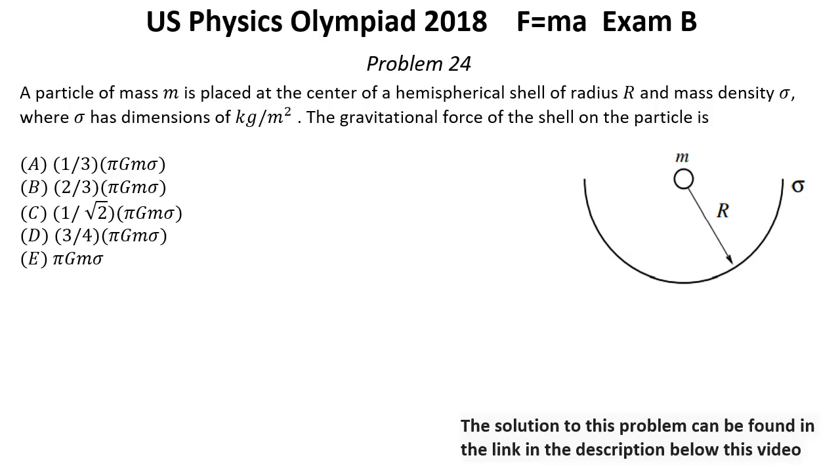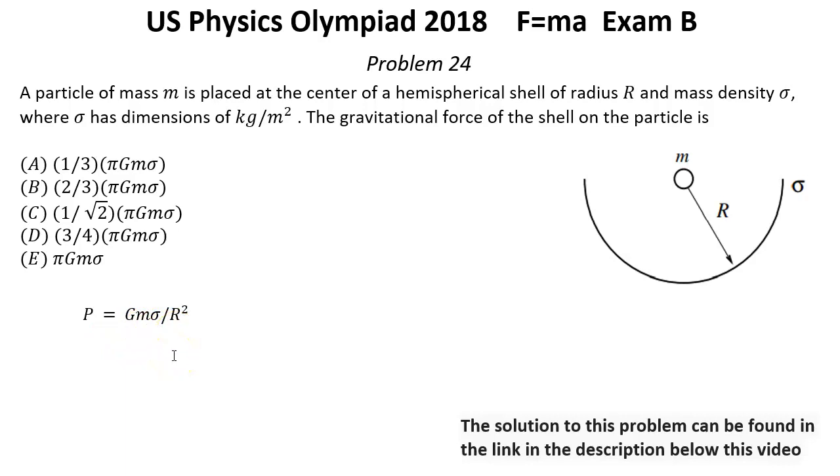By Newton's third law, it is equivalent to find the force of the particle on the shell. The pressure exerted on the shell is this one. P equals g m sigma over r squared.